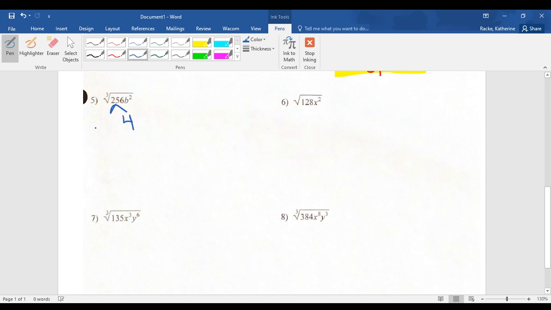So 4 times 64. 4 breaks down into 2 and 2. 64 breaks down into 8 and 8, which they both break down into 4 and 2. And my 4s break down into even more 2s.